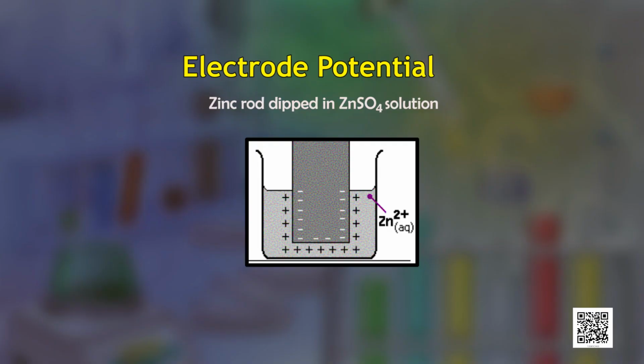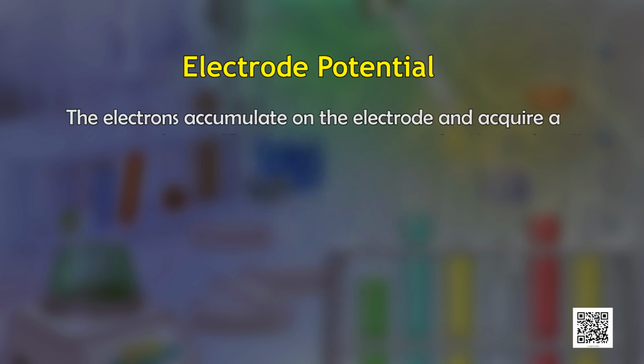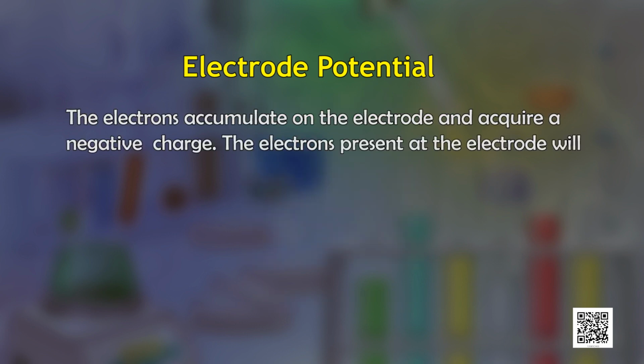Let us take the example of a zinc rod dipped in zinc sulfate solution. The zinc atoms have a tendency to lose electrons, and so they form Zn2+ ions, which go into the solution as a result of oxidation. So the reaction becomes Zn giving Zn2+ ions with the loss of 2 electrons. The electrons accumulate on the electrode and it acquires a negative charge.